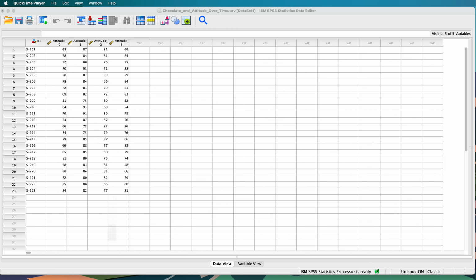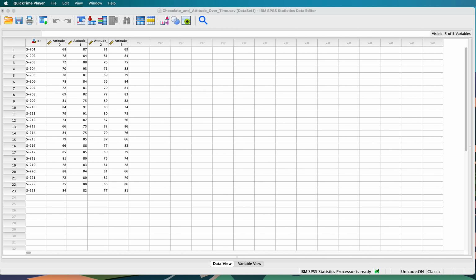And for this, since we are looking at 4 different sets of data, we are going to use a repeated measures ANOVA test. So the first thing that we need to do is figure out if we meet the criteria for this.